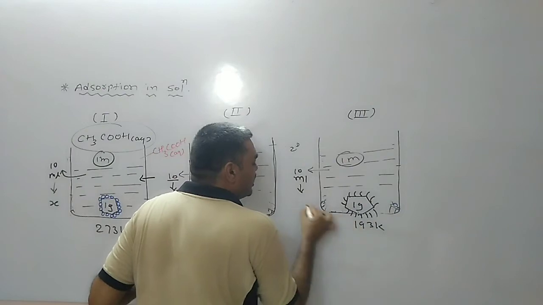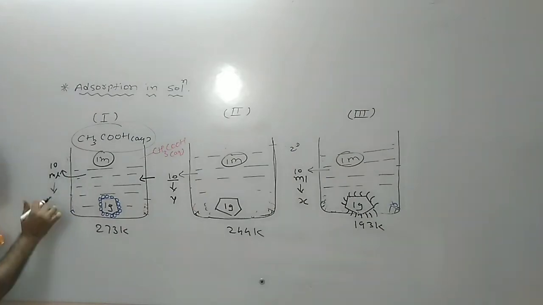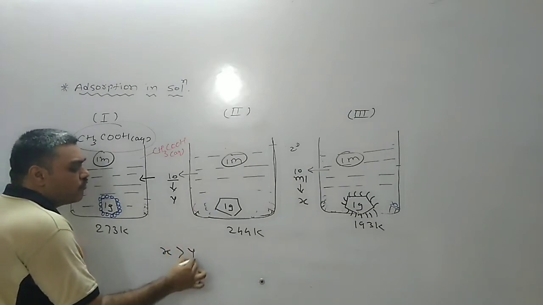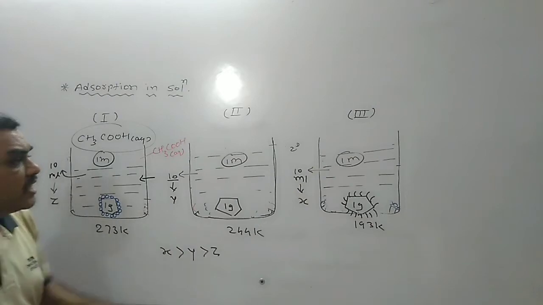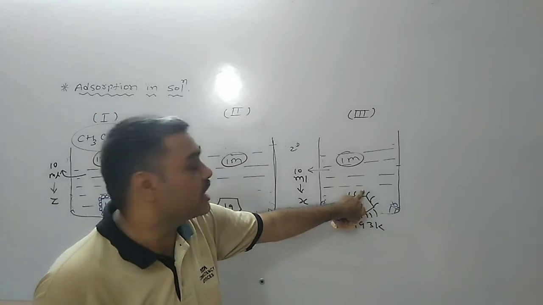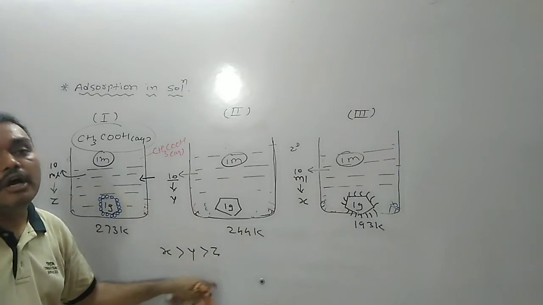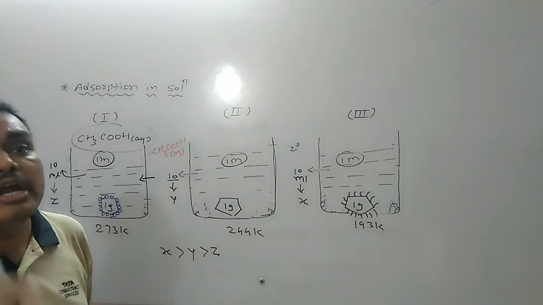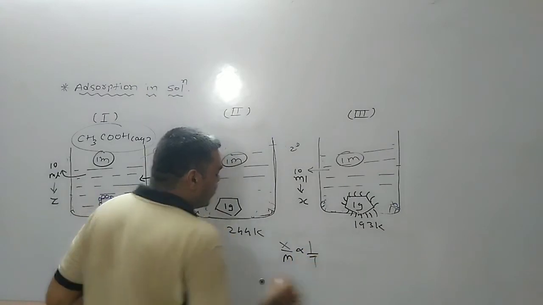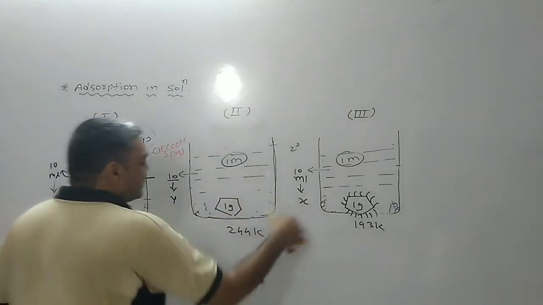After 10 minutes, you find it is decreased up to X level, Y level, and Z level, and you will find higher concentration of X greater than Y greater than Z. So you will consider that in beaker 3, at lower temperature, maximum adsorption takes place, and at the higher temperature in beaker 1, the lowest adsorption takes place, and you will consider that x by m is inversely proportional to temperature.